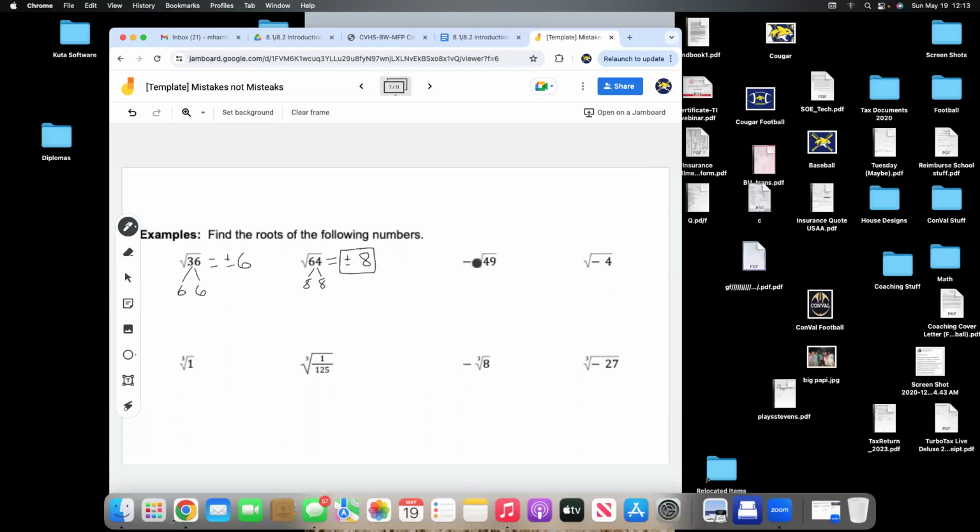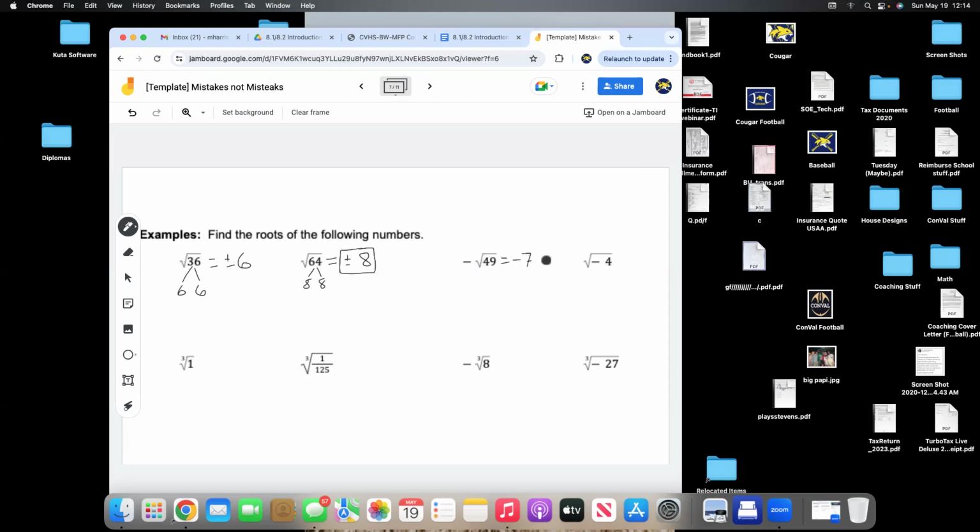This next one's pretty tricky. There's a negative sign in front of the root. So what this means is we only want the negative root. So if the negative sign is in front, I only want -7. I don't want the +7.